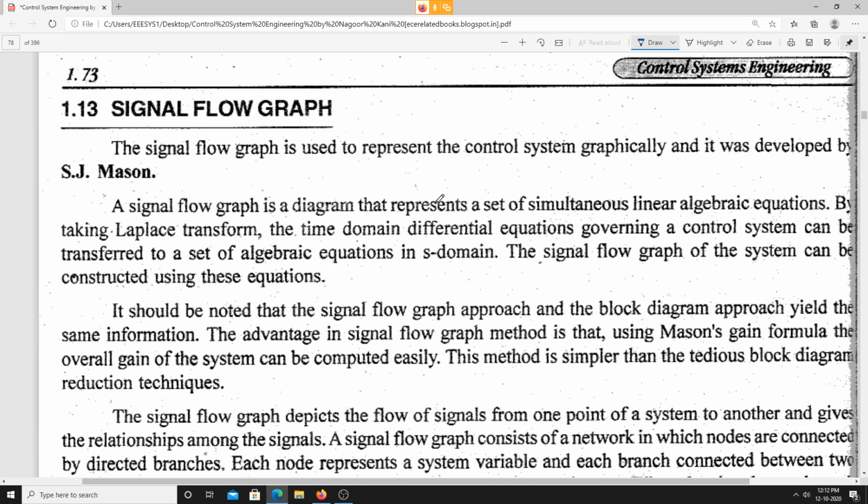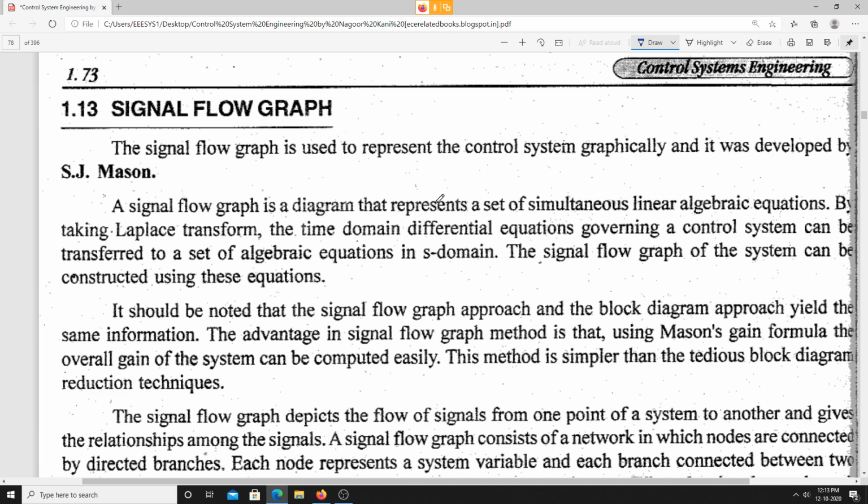Signal flow graphs are used to represent the control system graphically, whereas block diagrams are used for the pictorial representation of a system. Is it clear?